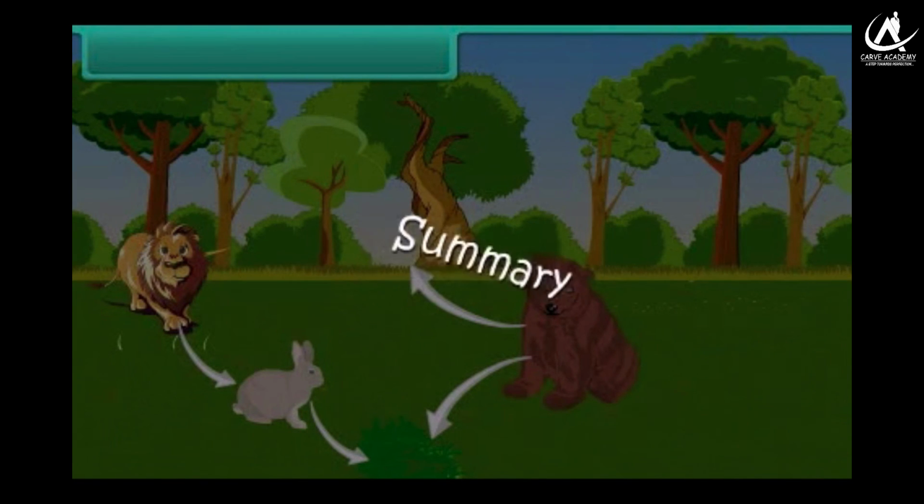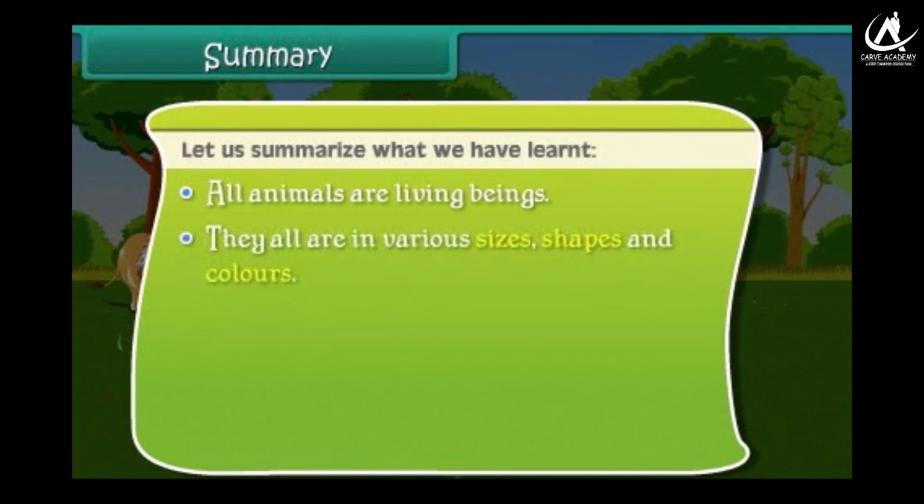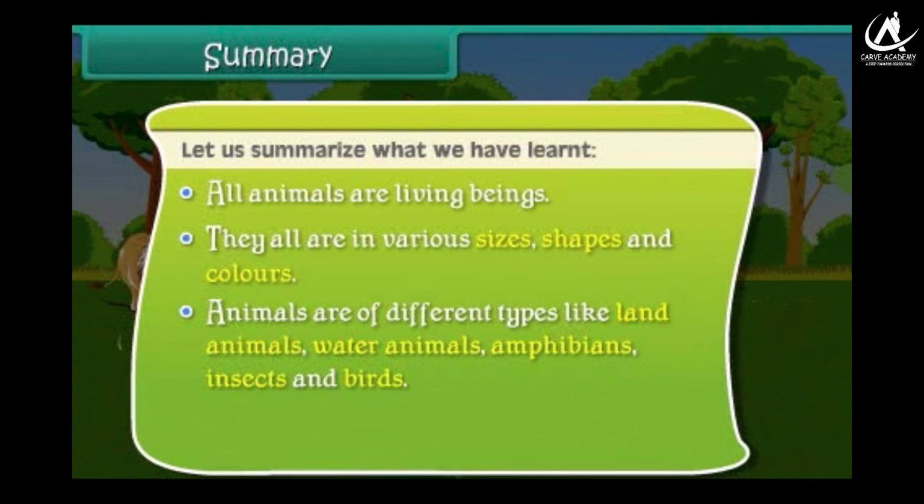Summary. Now friends, let us summarize what we have learned so far. All animals are living beings. They are in various sizes, shapes, and colors. Animals are of different types like land animals, water animals, amphibians, insects, and birds.